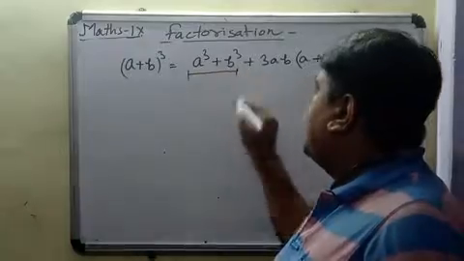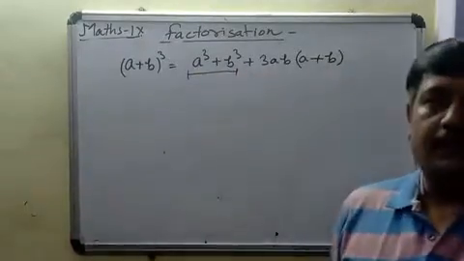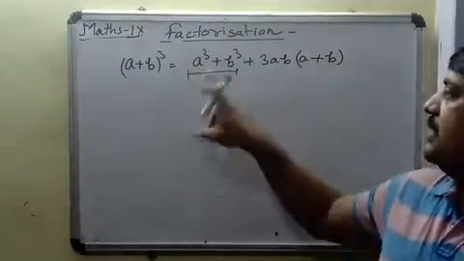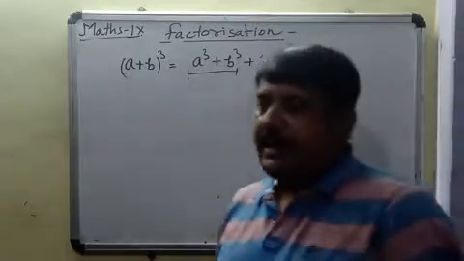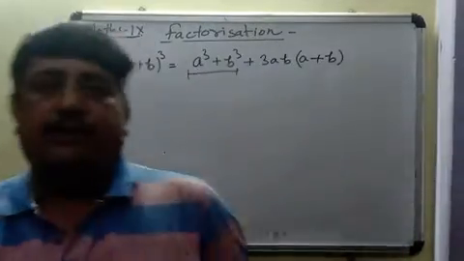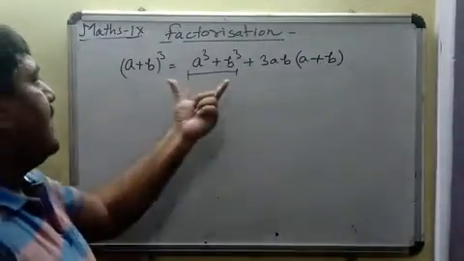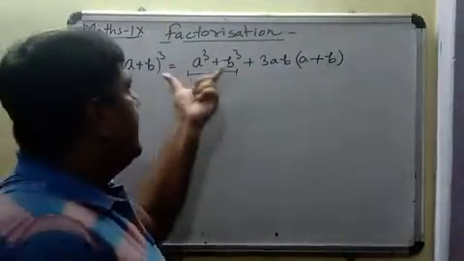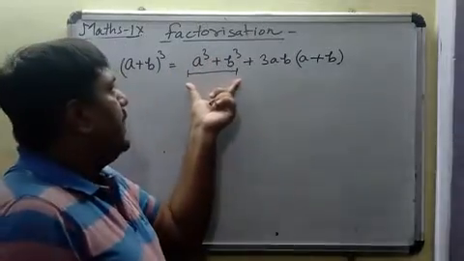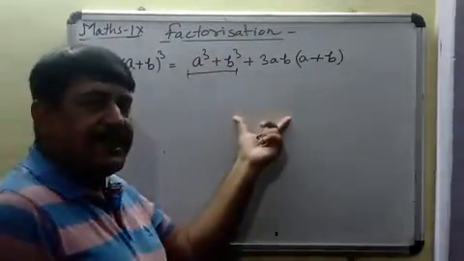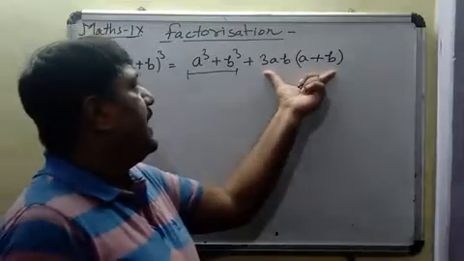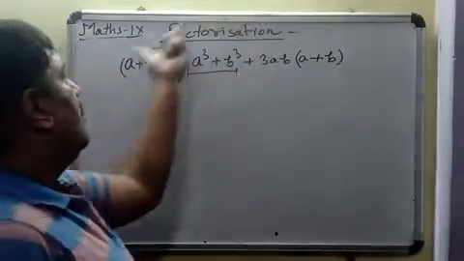What is the value of a cube plus b cube? We are going to find out the value of a cube plus b cube, and we will be using it as a formula. So to find it, leave a cube plus b cube on the right hand side and take this 3ab in the bracket (a + b) onto the other side.